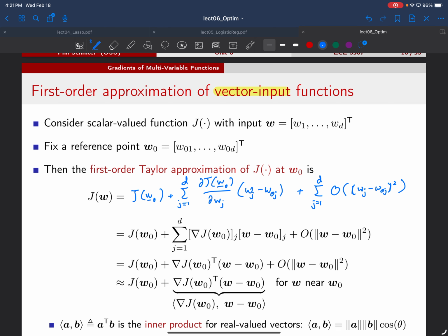Okay, is that idea making sense? So it's the same, it's just that we have now the sum over the different entries in this vector.